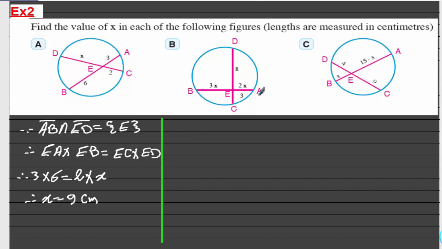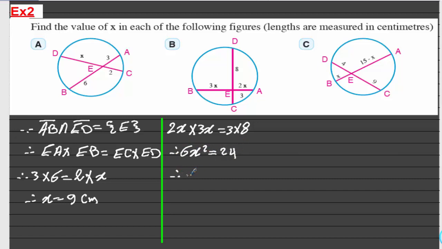So AE is 2x. The length of AE multiply the length of BE, 3x, equals AC multiply ED, 3 multiply 8. So we have 6x squared equals 24.